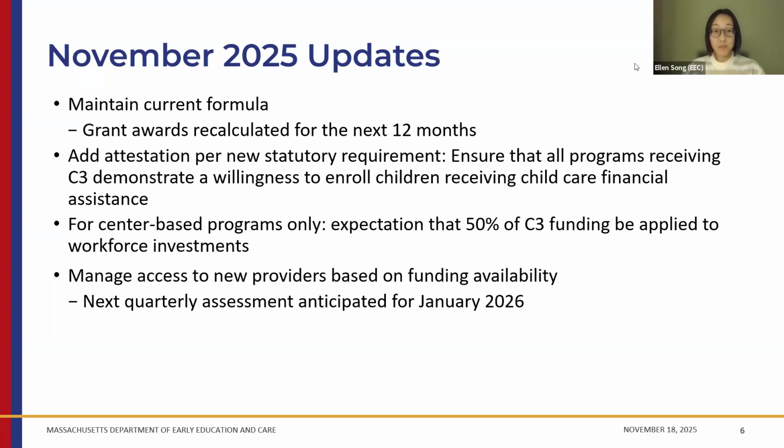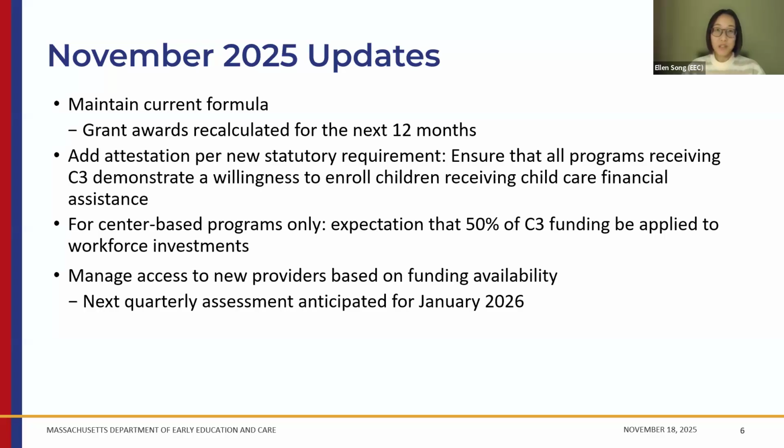Additionally, starting in November as well, for center-based programs only, there is a new expectation that 50% of C3 funding will be applied to workforce investments. And we'll also talk about this requirement in more detail.